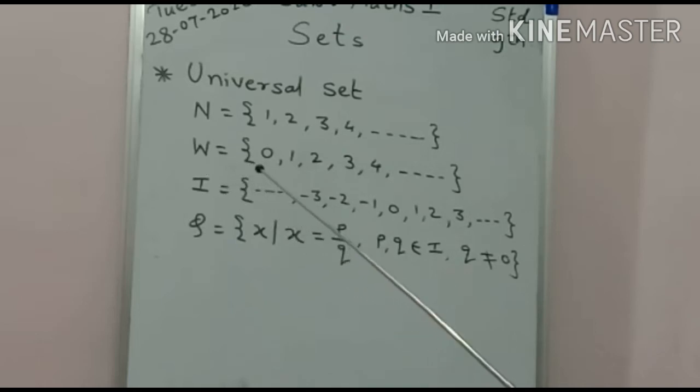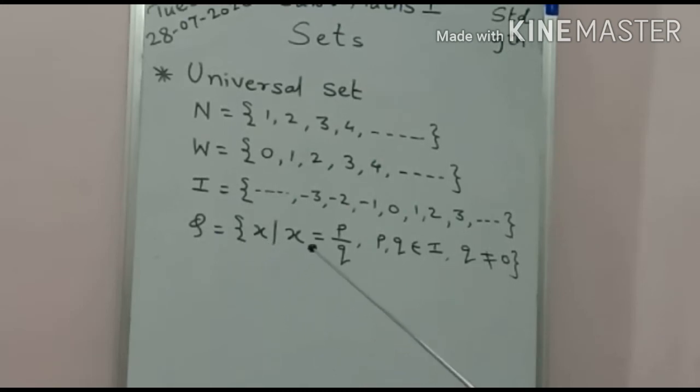Whole numbers W are 0, 1, 2, 3, 4, 5 infinitely. Integers I are the positive numbers, 0, and the opposite of those positive integers, and here we write minus 3, minus 2, minus 1, 0, 1, 2, 3, with dashes meaning infinitely many numbers. And Q represents the rational numbers.